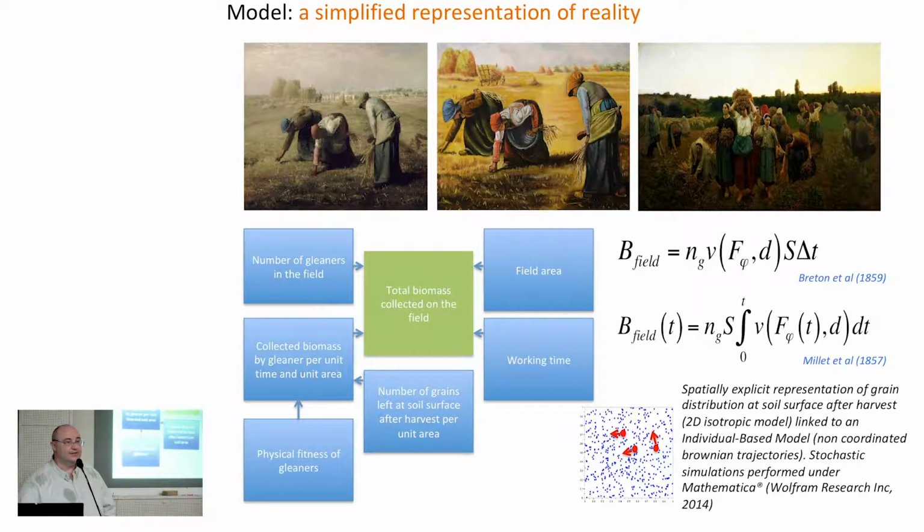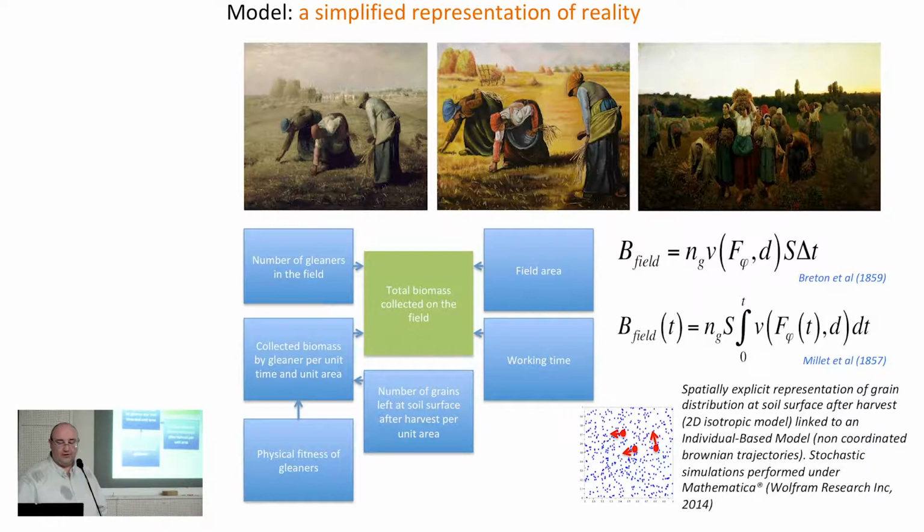So this scheme is called a conceptual model, okay? And now we can try to see how we can transform this conceptual model into a simulation model. For instance, if you have these concepts, then you can propose a mathematical equation in order to represent the process. So for instance, the biomass collected in the field can be simply the product of these variables.